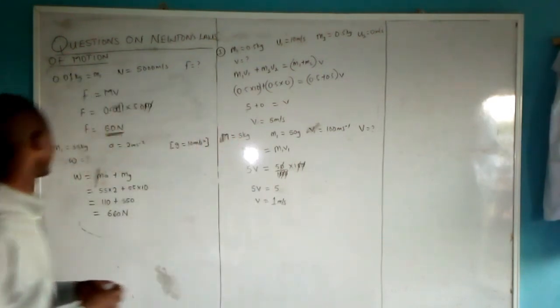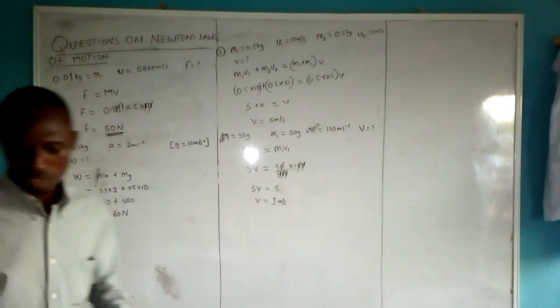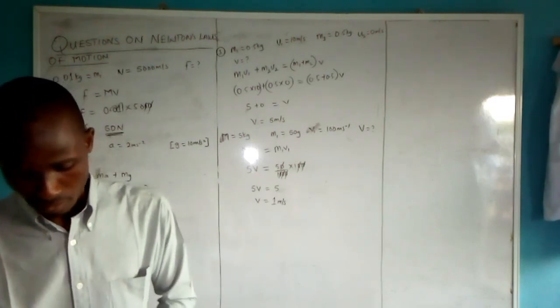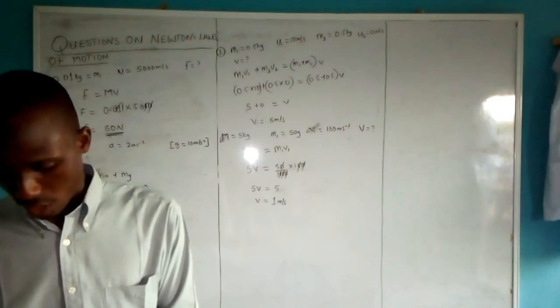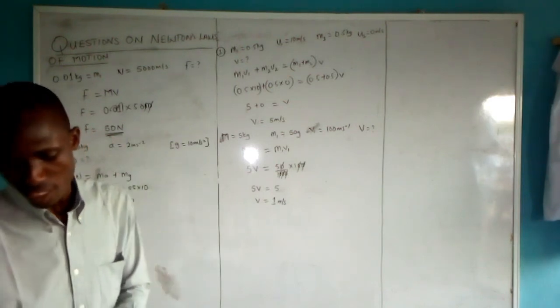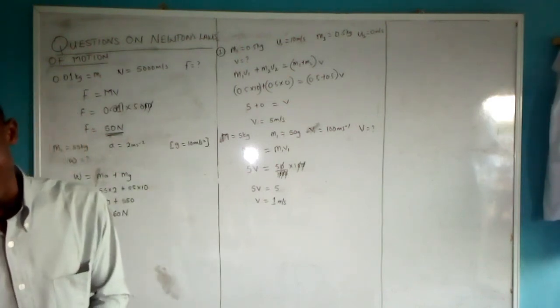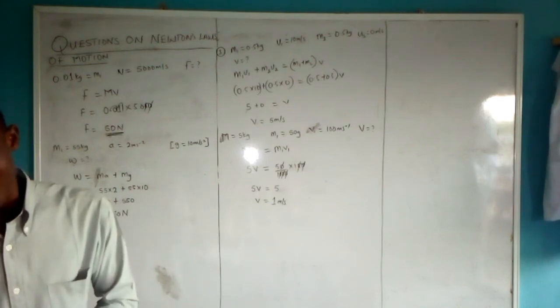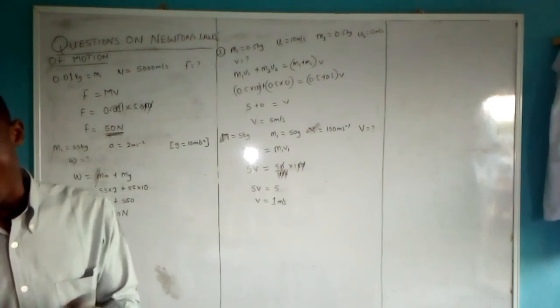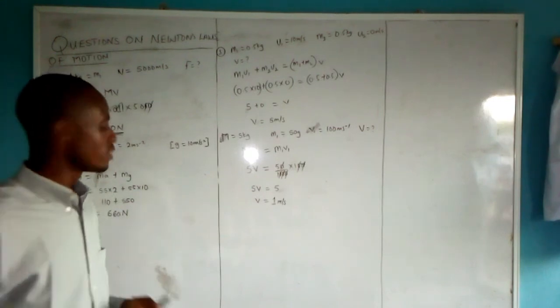We also have another question that says a bullet of mass m is fired from a gun of mass M with a velocity of v. The recoil velocity of the gun is expressed as what?